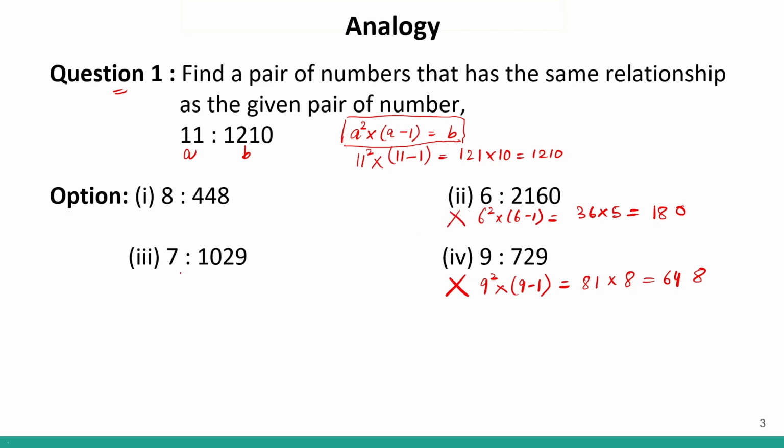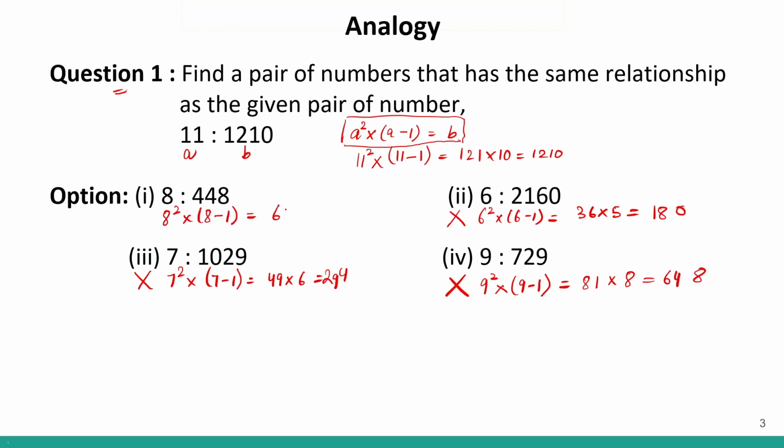Let us check for 7. 7 square into 7 minus 1. So it will be 49 into 6. Correct? 9 6s are 54. So 5 will be carried. 4 6s are 24. 24 plus 5, 29. We will get 294. So this is also not correct. Let us check for 8. 8 square into 8 minus 1.